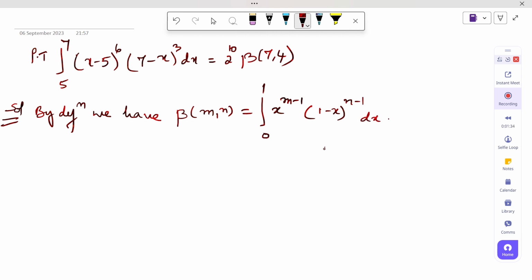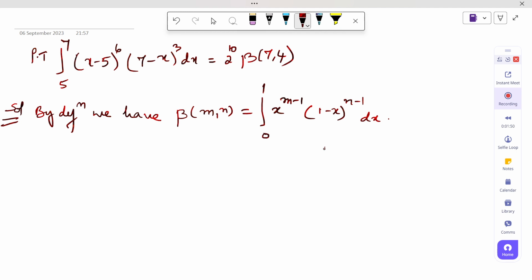Now what we need here is (x minus 5)^6 (7 minus x)^3 dx, and that has to be equal to 2^10 beta of 7 comma 4. This we have to show.